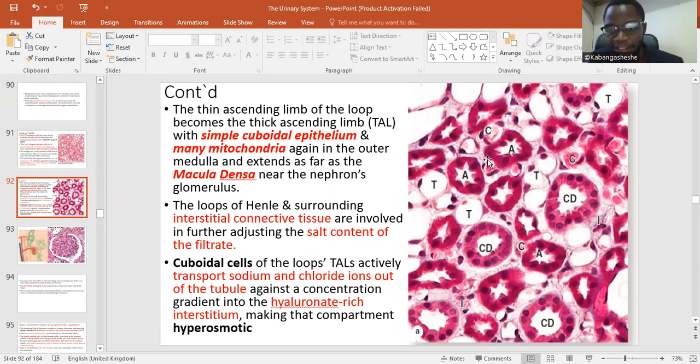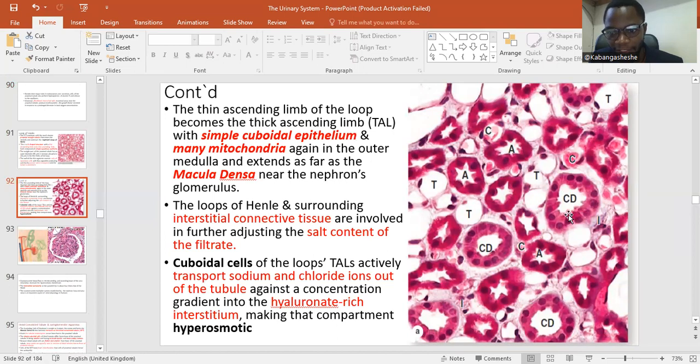So we are getting this from the medulla. So this sample is from the medulla. Wherever you see those flat cells, think of the thin. Whether it's thin ascending or thin descending doesn't really matter because it is still simple squamous. But the thicker one, whether it is ascending or descending, you see that the cells are cuboidal here.